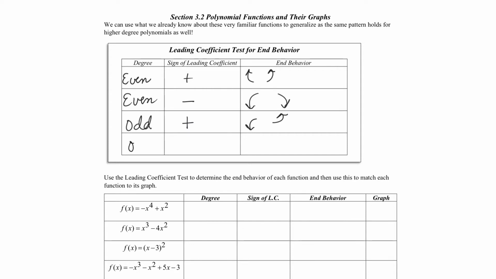And if I have a polynomial that has an odd degree and a negative leading coefficient, it's going to do the reverse. It's going to rise left and fall right. So this, in a nutshell, is your leading coefficient test. If you just remember those two parent functions, then you can remember what that end behavior is going to be. So now let's put that into practice with some more complicated problems.